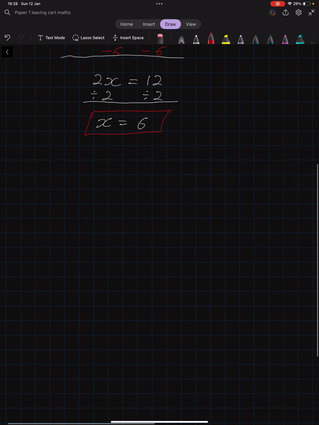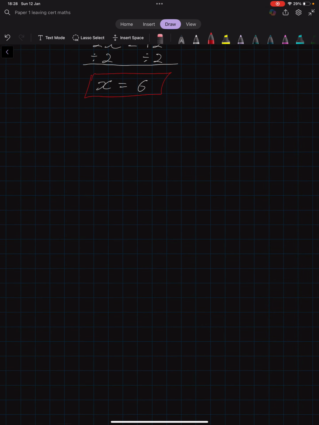I'll do one more. So it could be something like 2x minus 5 over 2 minus x minus 3 all over 7 equals 3. Now, in the last video, when I talked about adding and minusing fractions, I said that you had to keep the value the same, which is true.